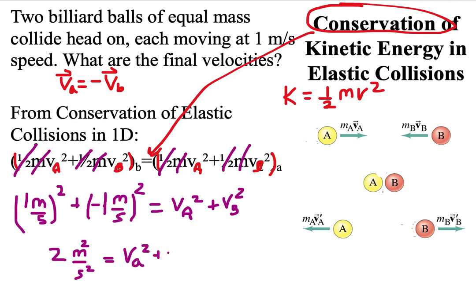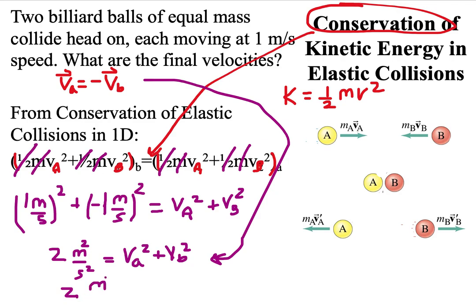Now I'm going to go ahead and substitute in from our previous equation where VA is equal to minus VB. So let's substitute this in here. So we have 2 meters squared per second squared, and that is going to equal VA squared.